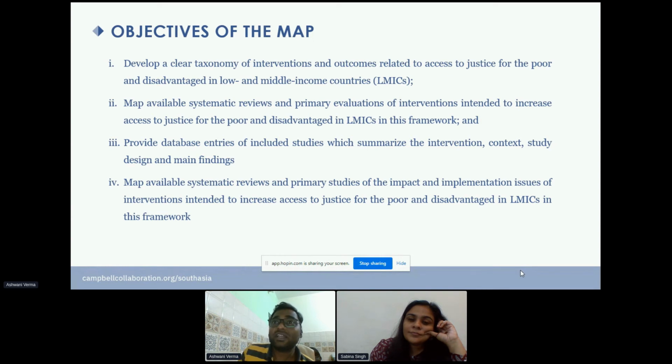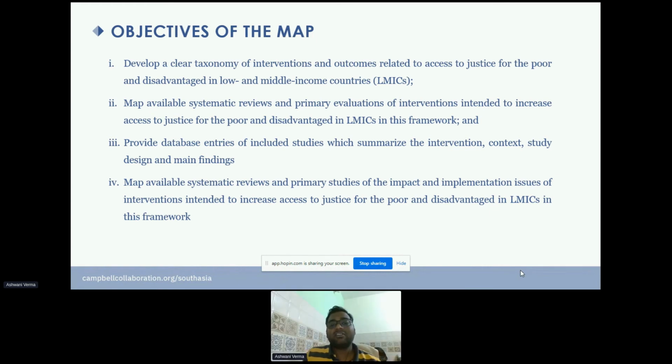We are interested in knowing the outcomes which these studies measure, and we also would like to map the available systematic reviews and the primary studies of impact evaluations and even process evaluations, because we are also interested to know the process evaluations for these interventions as well.